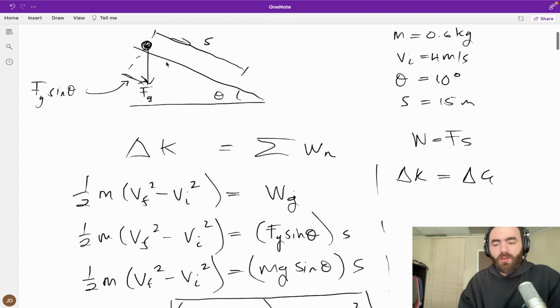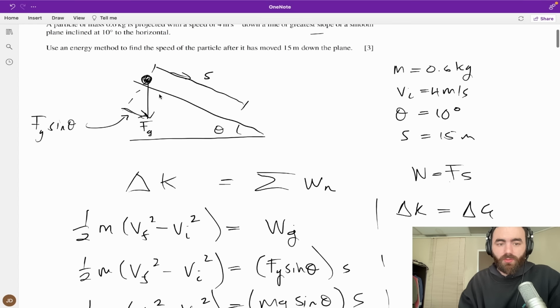So if you find the change in gravitational potential energy, well, what will that be? When the ball is here, it's going to have a change in height, right? This will be the change in height.